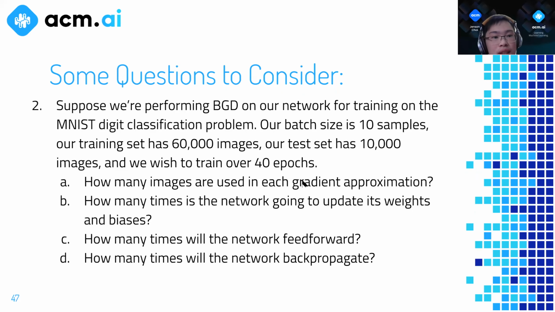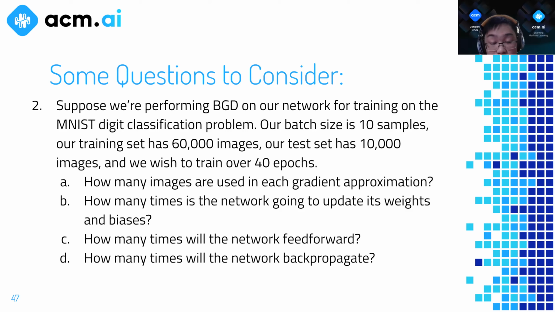Okay, so another question, but this one is more concrete. This one's actually on the MNIST data set. Suppose we're doing mini batch gradient descent on our network, and our batch size is 10, our training set has 60,000 images, and our test set has 10,000 images, and we want to train it over 40 epochs.